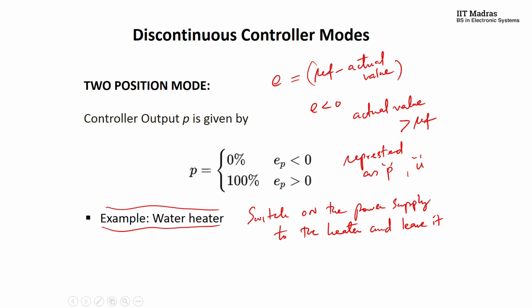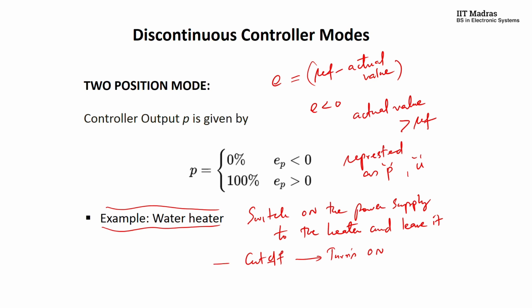After some time, you can see that the indicator on the water heater goes off. That actually means that even though you have switched on the power supply, the heater is not accepting any electrical power, because the power supply is cut off. Then, once you start using hot water, after some time the cold water enters the heater again, and you will see that the heater automatically turns on.